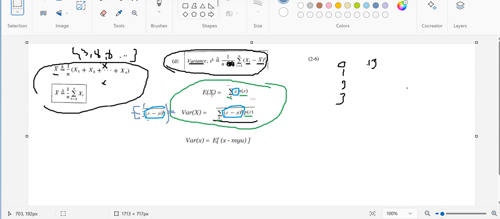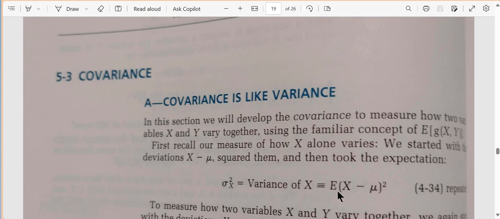It takes the thing here and multiplies it times its probability and then sums it up, so to speak. So we can say that the variance is the expectation of this, because it means basically multiplying this times its p of x and then adding it up. So that's what they have here.